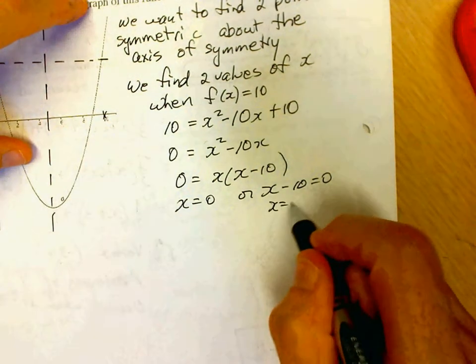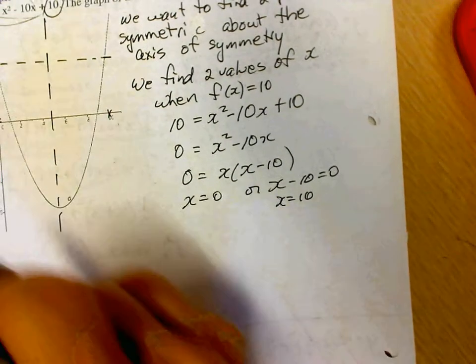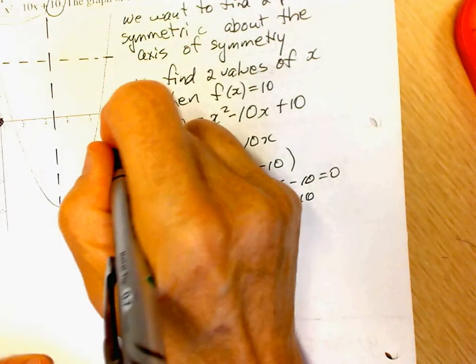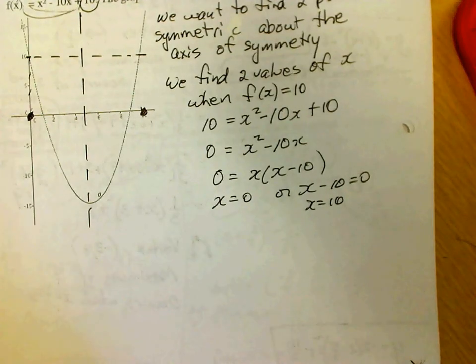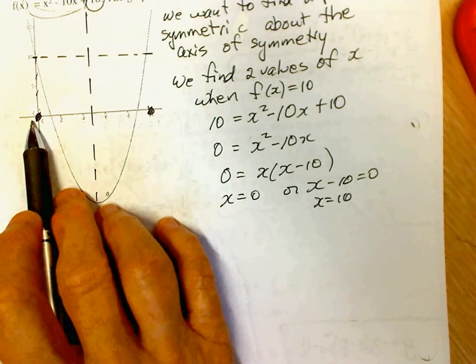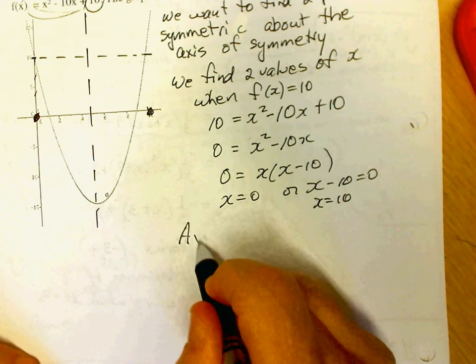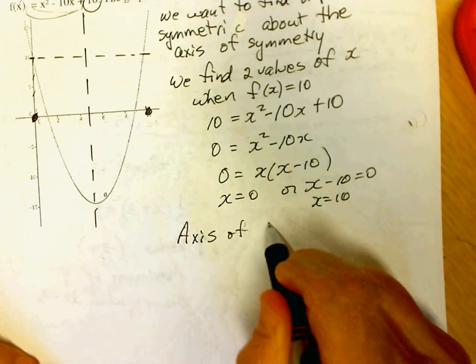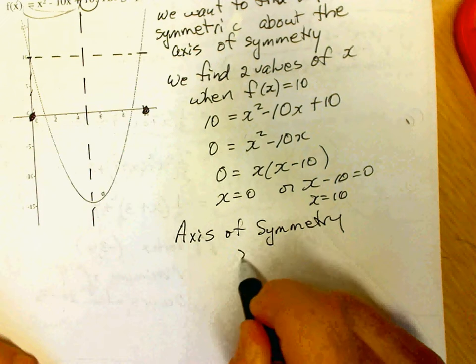So, using these 2 points, 0 and 10, how do I find the axis of symmetry? How do I find the midpoint of those 2 points? Perfect. x equals 0 plus 10 divided by 2.